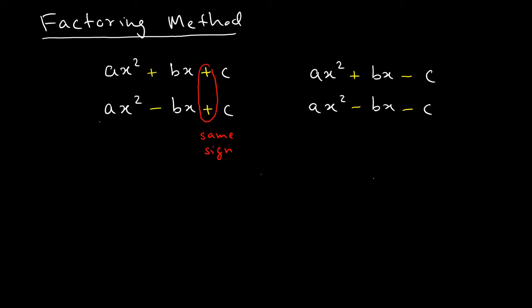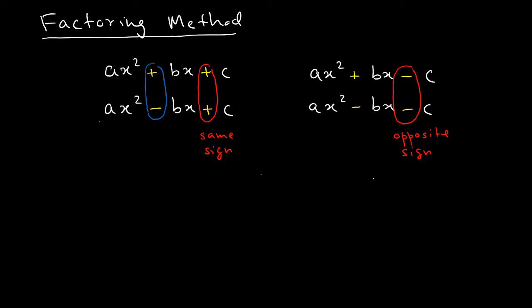If the c term has a negative sign, that means the terms have opposite signs. Now, what does the sign of b say? In the first case, when c is positive, the sign of b gives the sign of the two terms.